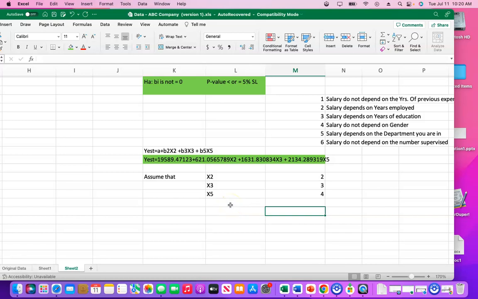So how can we estimate the salary of this particular person who has worked with this company for 2 years and has 3 years of education, and also the person is working on the department number 4?